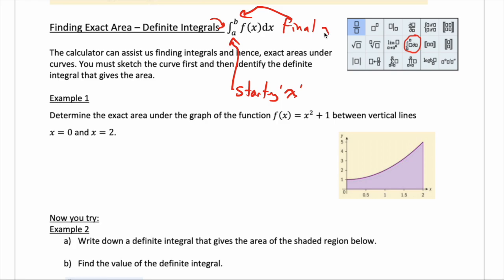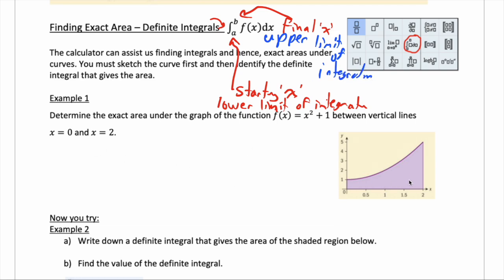Okay, so I should probably use the actual terms. This is the lower limit of integration, and the other one is the upper limit of integration.